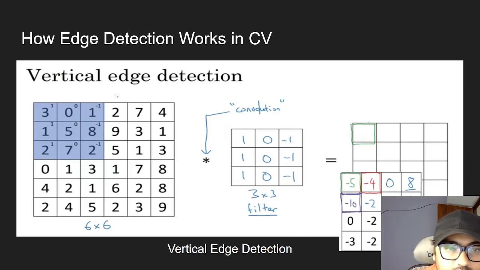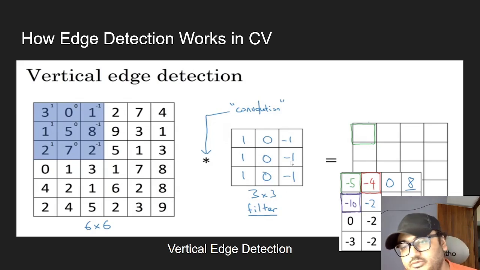Before going to convolution, let's see how edge detection works. Let's understand that using convolution. Let's say here we have a 6 by 6 image or matrix, and this multiplication sign is nothing but a convolution sign, and let's say we have a vertical edge detector, which is nothing but simple positive ones in the first column and negative ones in the final column, and the middle portion is completely 0.